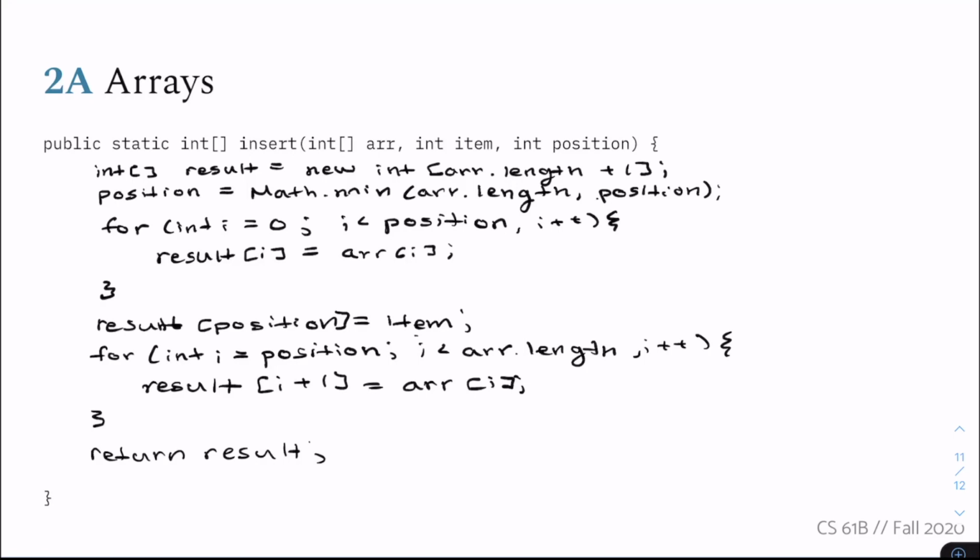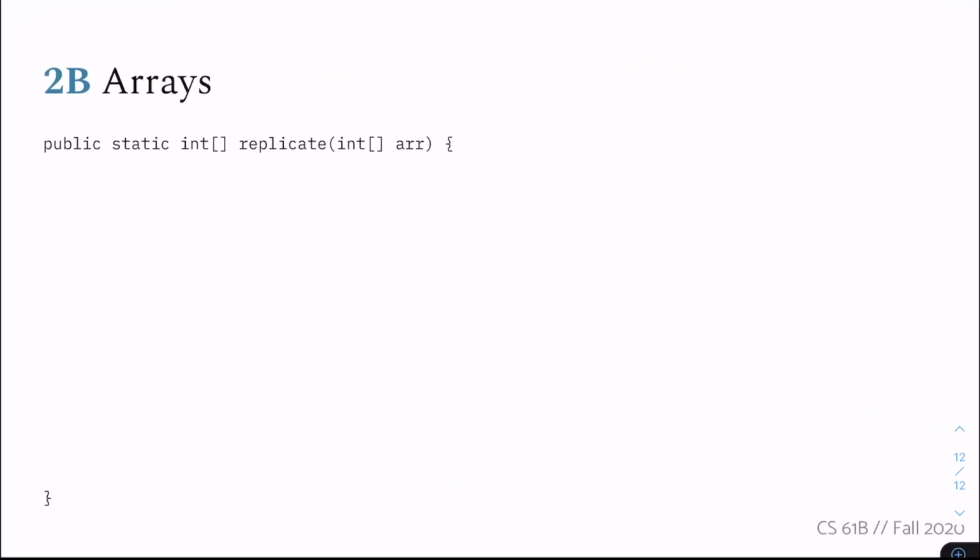Okay, so let's move on to 2b, the very last problem. For this, we're going to write a non-destructive method again, because you can't change the size of arrays, and it's called replicate. It replaces the number at some index I with R[I] copies of itself.